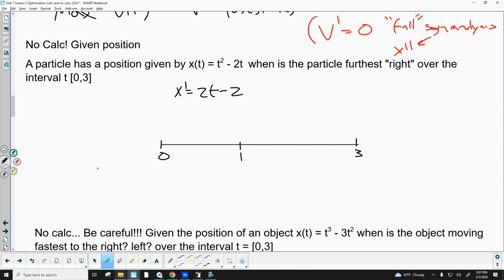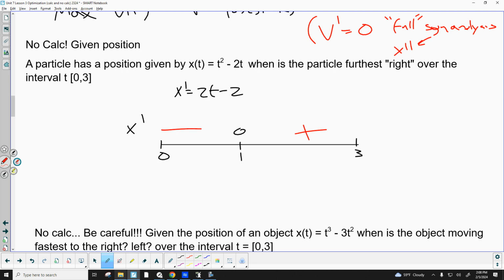I know that's been confusing, but the more we get into this unit, the more we understand what things mean. We now have our derivative. It's 0 and it's signed. I plug in 0 or even a half, I got negatives. Something to the right of 1, I got positive.